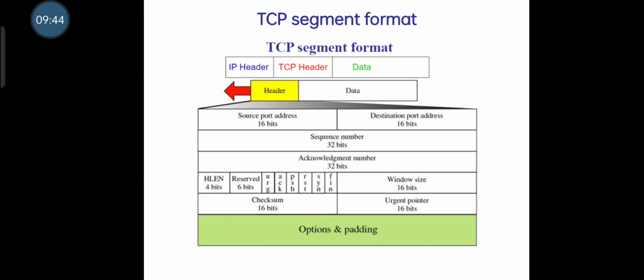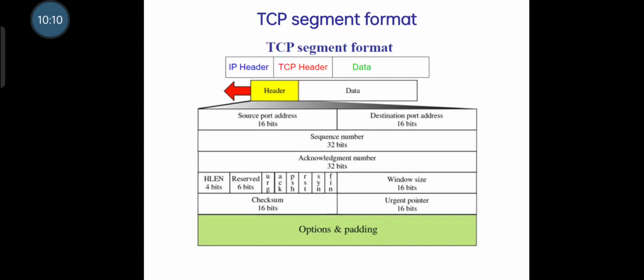If the urgent flag is enabled, it indicates that this data packet consists of very urgent information and we should process the data as soon as possible. Acknowledgement indicates that the segment doesn't carry any data, it carries simply the acknowledgement. And push means we have to process the data as fast as possible.